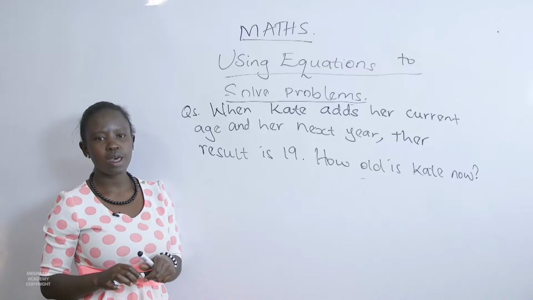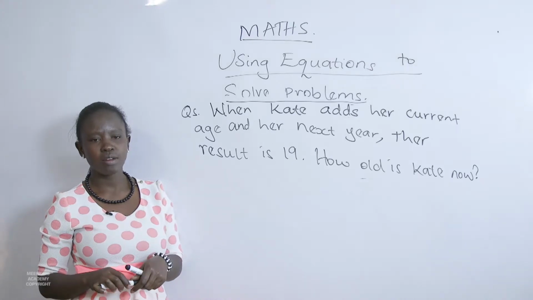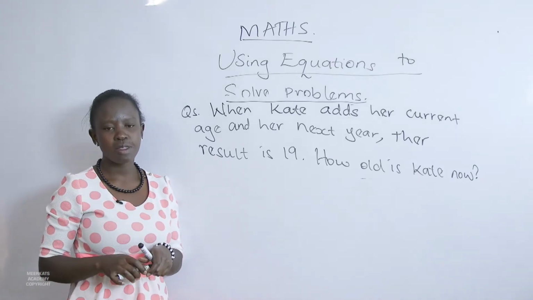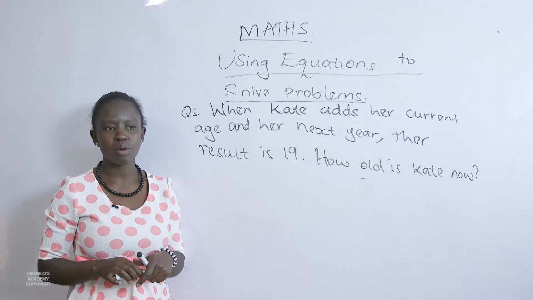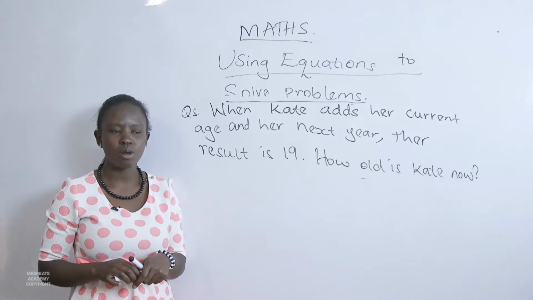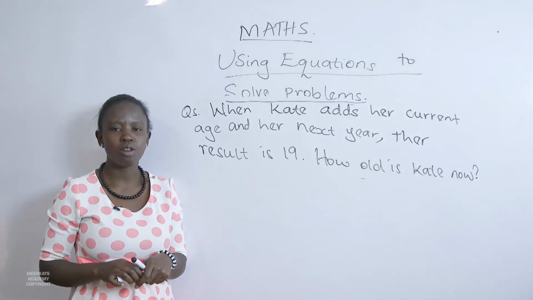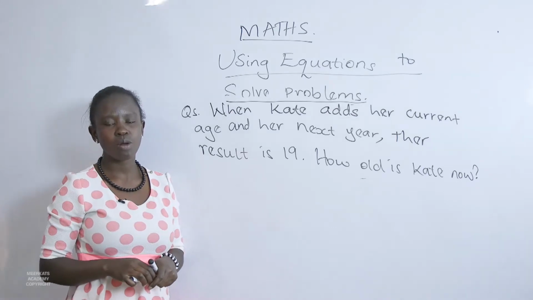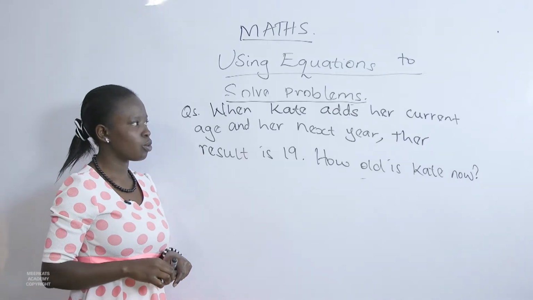We need to find out how old Kate is. So the first thing, we talked about identifying the pronumeral to be used. So we need to define what pronumeral we are going to use in our equation.